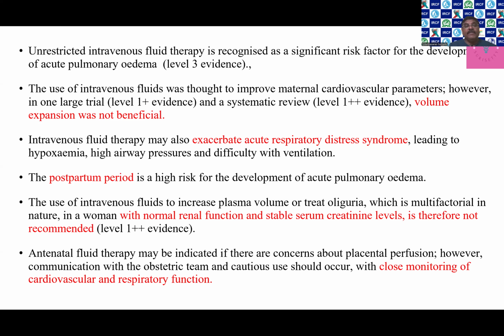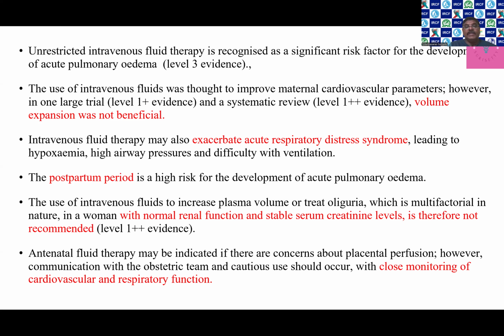The use of intravenous fluids to increase the plasma volume due to oliguria, which is multifactorial in nature, is not recommended in women with normal renal function and stable serum creatinine levels. You have to give IV fluids very judiciously. That is level 1 plus evidence.